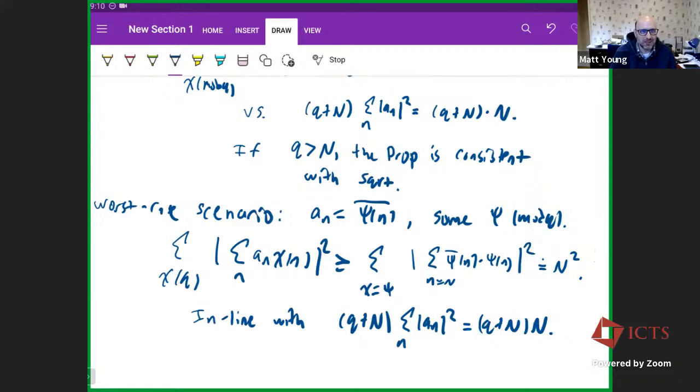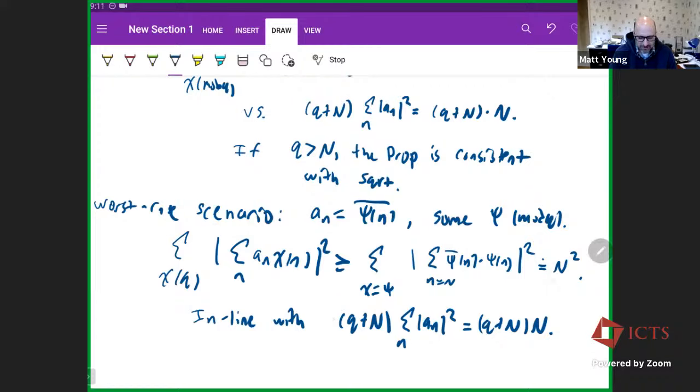So the q times n term is the typical square root cancellation term, and the n squared term is the worst case scenario term that you can't rule out, because you could choose your a_n to perfectly correlate with one value of chi. But this is saying that for the other values of chi, you must have a lot of cancellation.